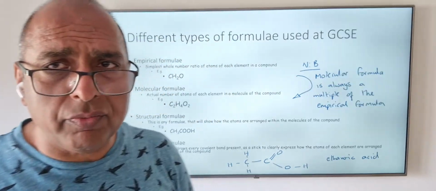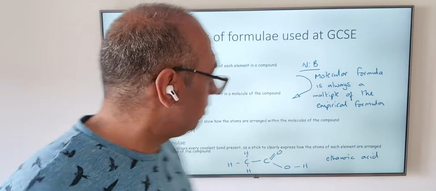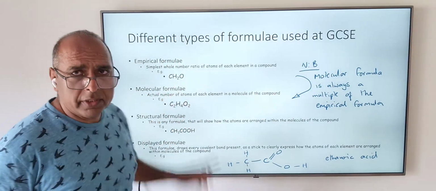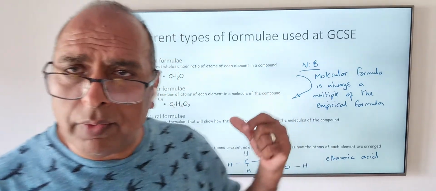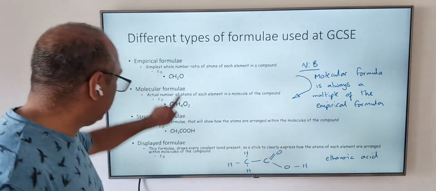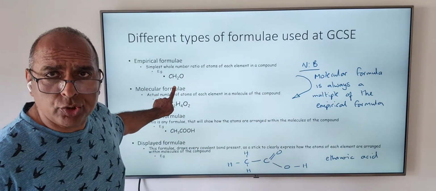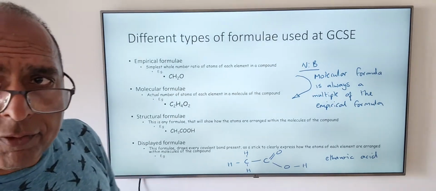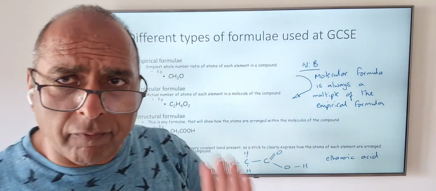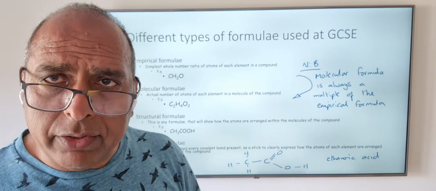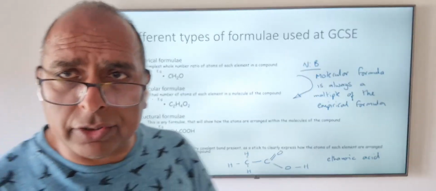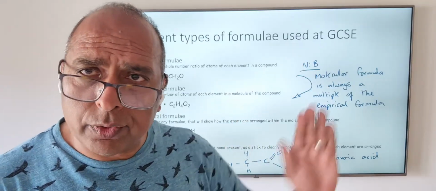Let's just run through one hydrocarbon, CH2O. If that is an empirical formula, it tells you the ratio of carbons to hydrogens to oxygens is 1 to 2 to 1.